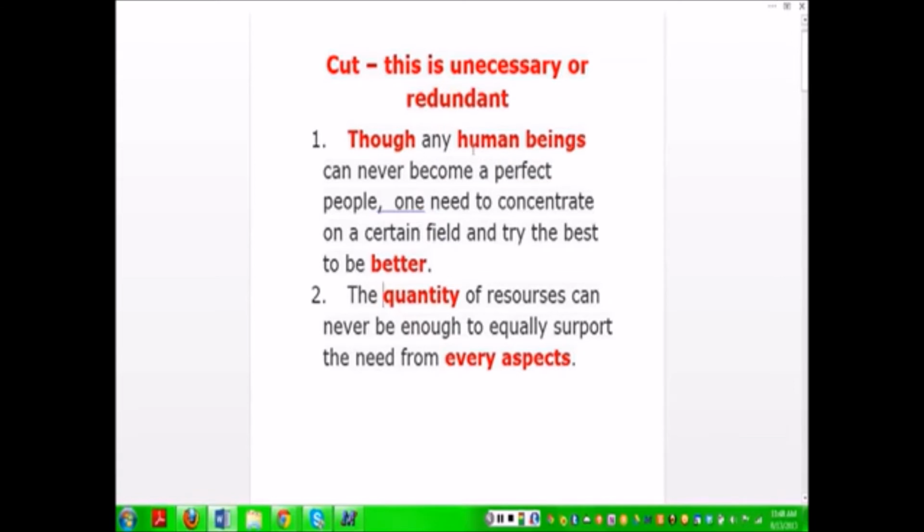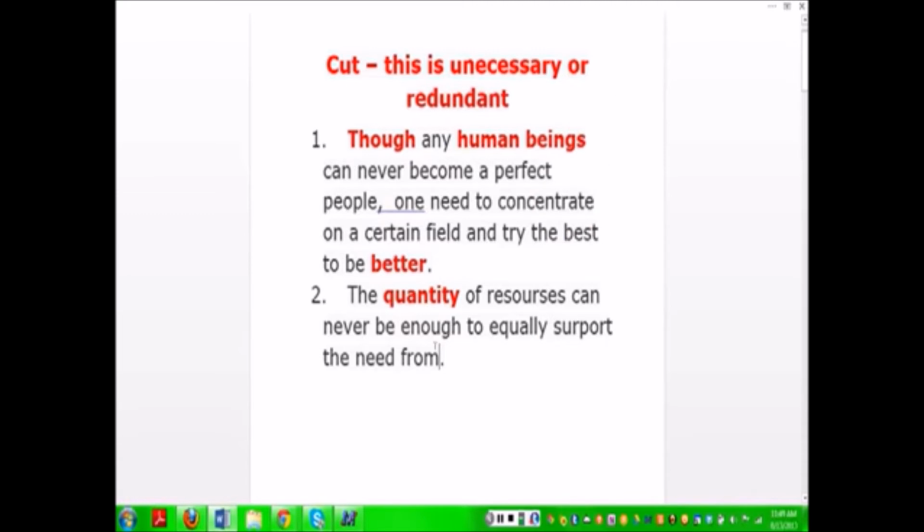The need from every aspect. The problem with a word like aspect is it's not clear what it means. So what you need here, maybe instead of every aspect, is some other word, or just remove this whole expression.